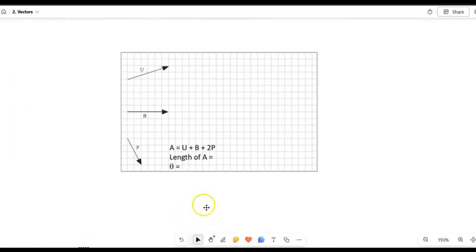Okay, in this problem, it's already set up. We're supposed to take A, and that's going to be equal to U plus B plus 2P. So let's go ahead and take U, and we're going to add it. So we're going to leave U as black.